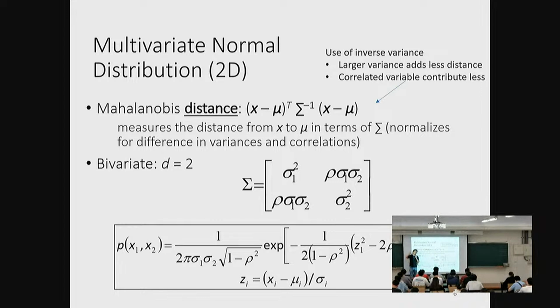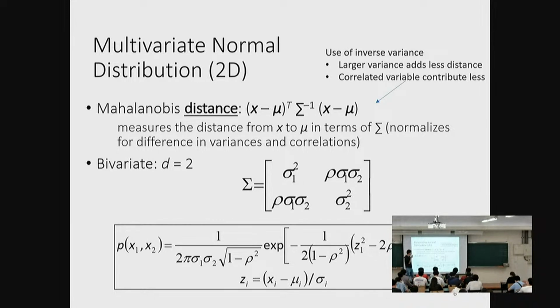Imagine you want to measure how far x is from the mean. If the distribution is very widespread, even if I'm very far away from you, I may also be close. If the distribution is very concentrated, even if I seem not so far away, I may actually be far away. So the variance tells you about the underlying distribution. It's a distance measured by the underlying variance of the distribution. That's the Mahalanobis distance, the distance used in the Gaussian distribution.